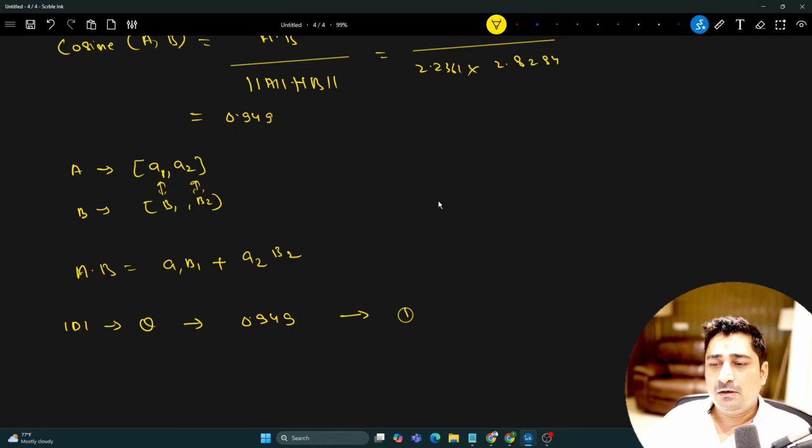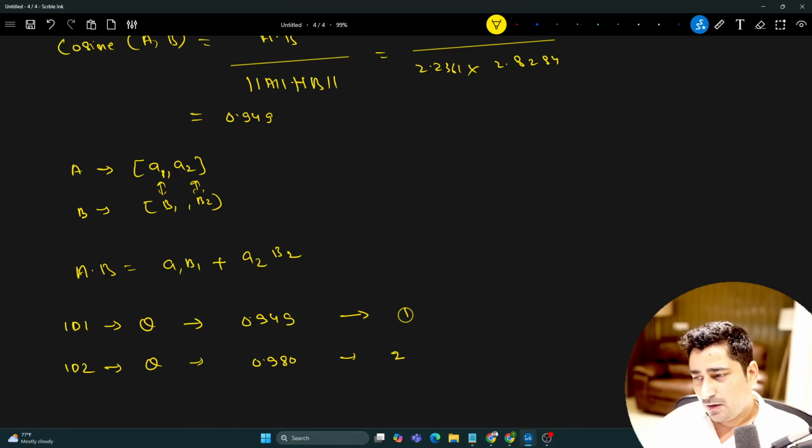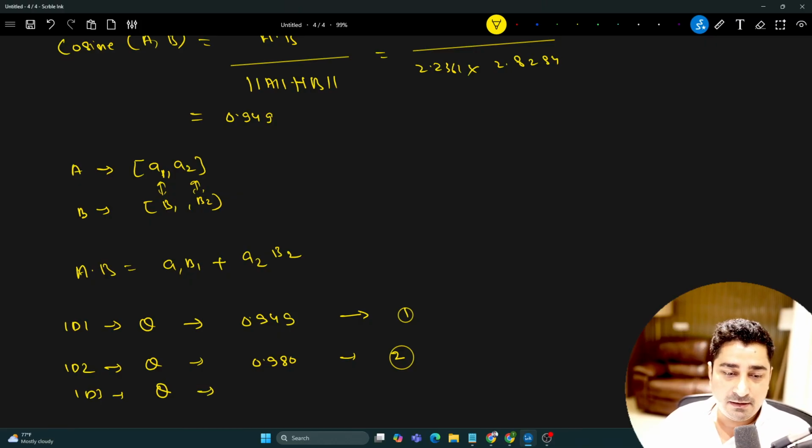Fine. Now ID2 and the query. What is the cosine similarity between ID2 and the query? Similarly, we can find it the same way. The cosine similarity is going to be 0.980. For the next case, ID3 and the query, or rather ID4, not ID3.